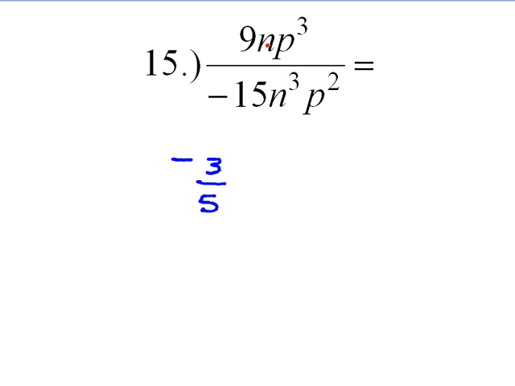Now, we have n to the 1 here and n to the 3. Normally, you would say 1 minus 3, then you'd end up with a negative 2, and then you'd have to change that to the bottom. So that's why I kind of term this as cancel them out. So here we have n to the 1. We're going to cancel that out and make that a 2. So now we know it remains in the bottom as n squared.